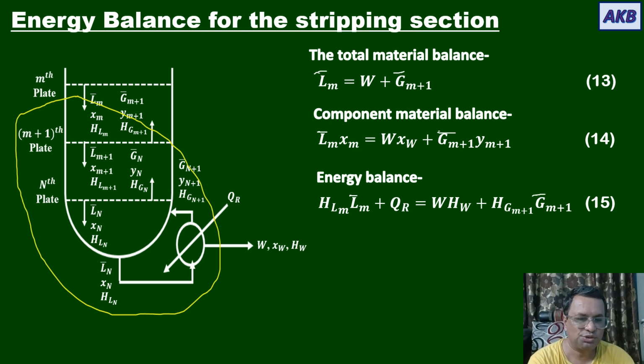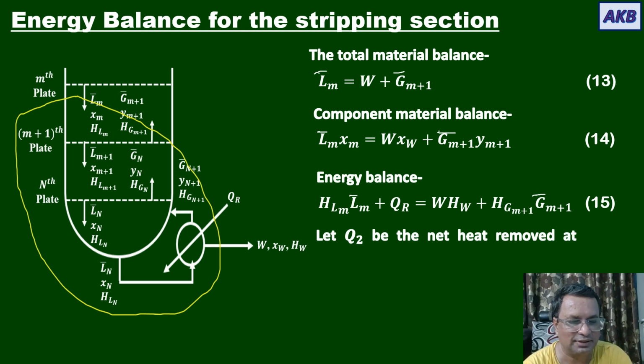I have already told why the energy going in is represented by this product. This is energy per unit mole into molar flow rate, so the product gives us energy per unit time. Okay, so now let us move ahead.